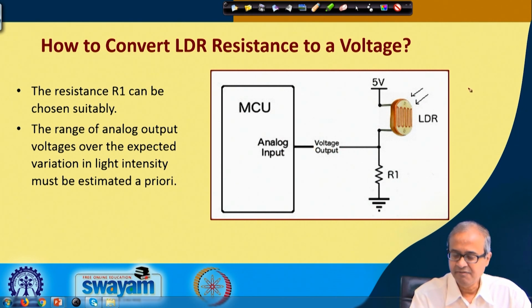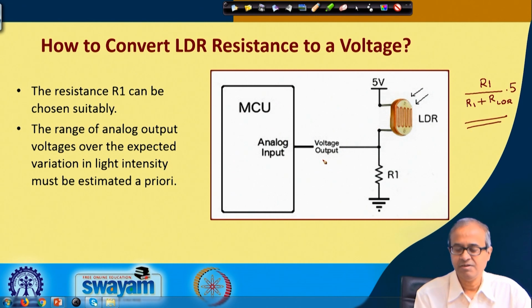It will be R1 divided by R1 plus the resistance of the LDR, multiplied by 5 volts.